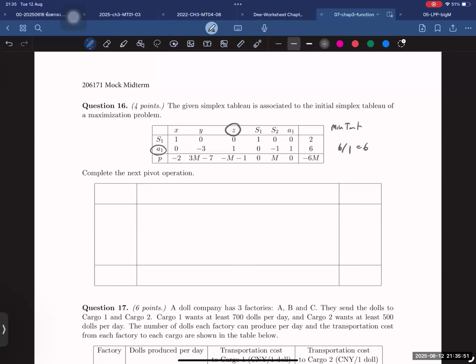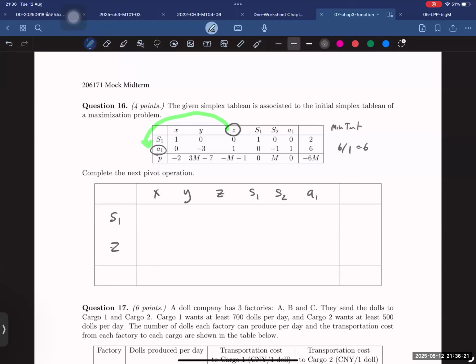So we're going to have X, Y, Z, S1, S2, A1, maybe P, but here they didn't have the P. That's because P doesn't change, right? The P column doesn't change. Now the first one is S1 here. The C should replace A1.